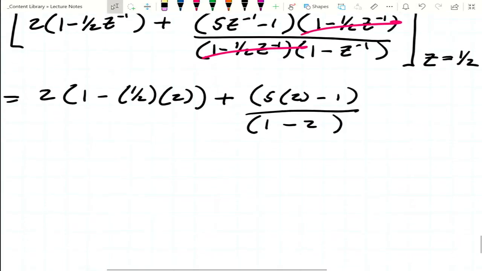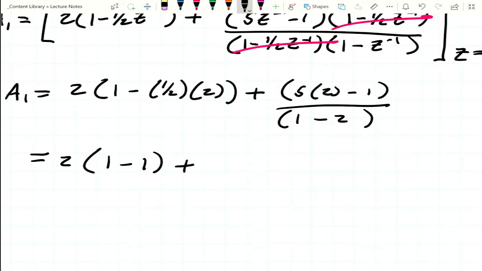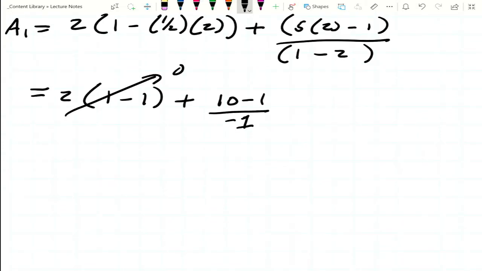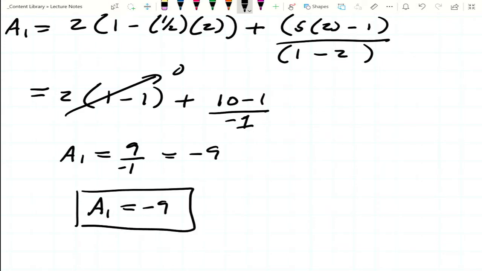That's what we're doing here. So this is going to get us 2 times 1 minus 1, which goes to 0, plus 10 minus 1 over negative 1. That first part goes to 0, so we get that a1 is equal to 10 minus 1 is 9 over negative 1, which is just equal to negative 9. So a1 is equal to negative 9. Any questions about that one? Give me a second to finish, jot it down.